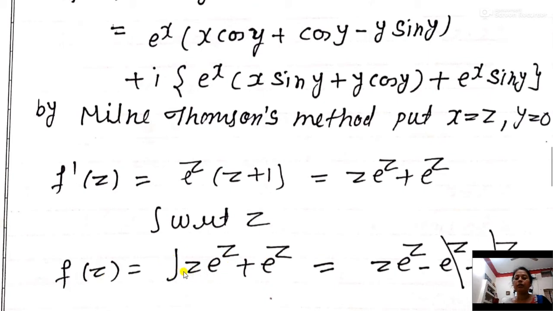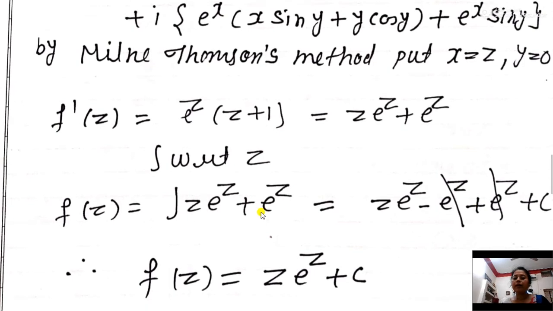We know that the integration of z e^z is equal to z e^z minus e^z, and the integration of e to the power z is e to the power z, and we have to put a constant. Since we have been given the imaginary part, the constant will be real. So finally the value of f(z) will be z e^z plus c.